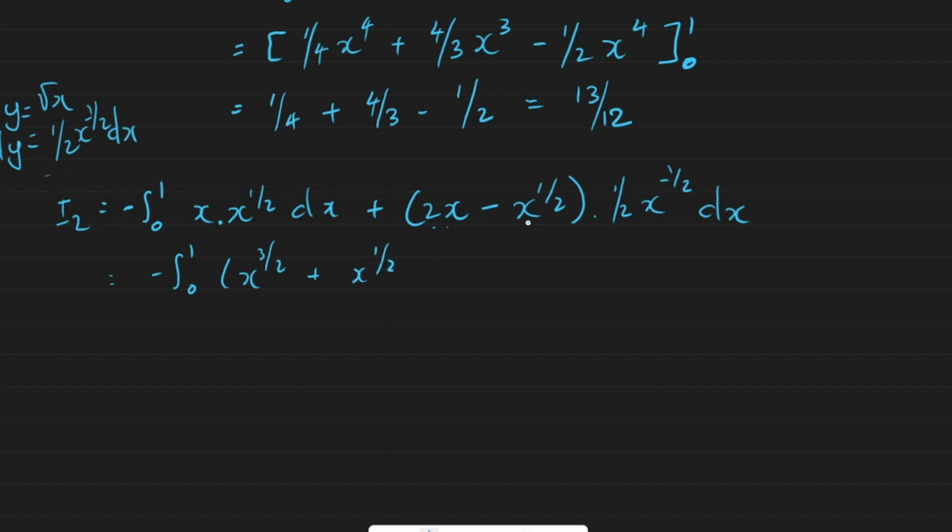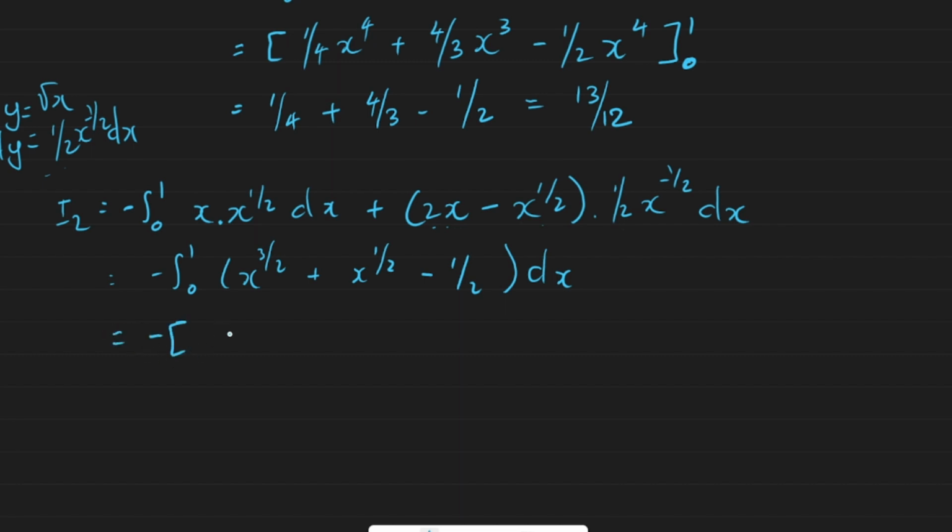And lastly, we have x to the power half times x to the minus half. So a half minus a half gives us 0. So we have half x to the power 0. So that just becomes a half. So we have to minus a half. Just that term times that term. So that's dx. And we can integrate this quite easily.